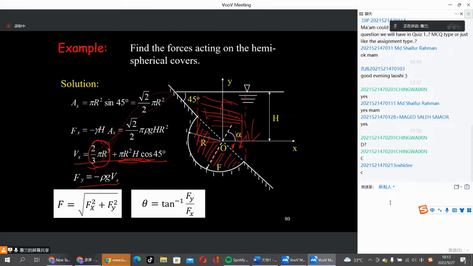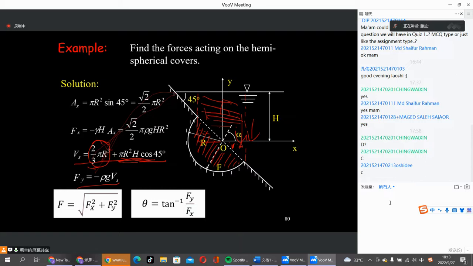Horizontal force is equal to the force on the vertical projection area, and the vertical force is equal to the weight of the pressure volume, okay, it's still the same, but it's important how to draw the pressure volume.